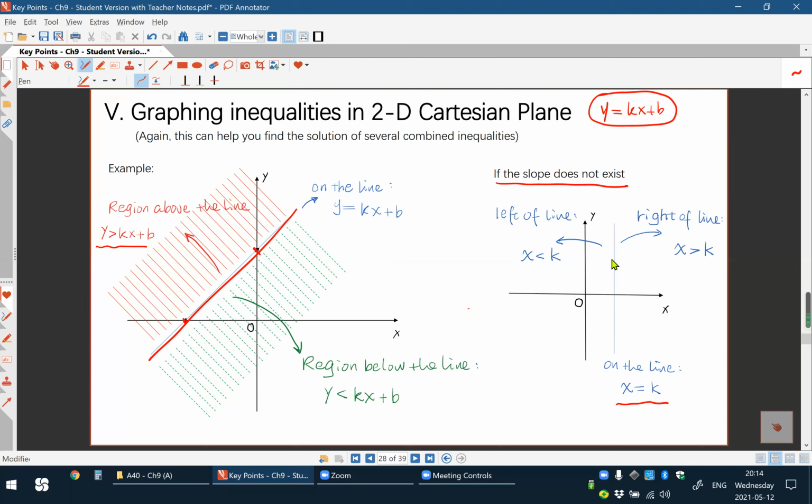And of course, we know that the left-hand side should be x smaller than k, and the right-hand side of this line can be represented by x greater than k, right? So if you want to graph x smaller than k, you should shade this area. If you want to graph x greater than k, you should shade this area. Okay, any questions?